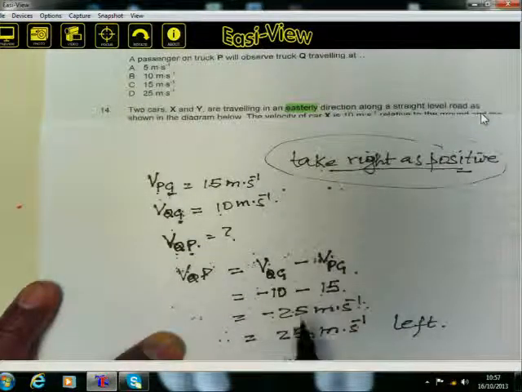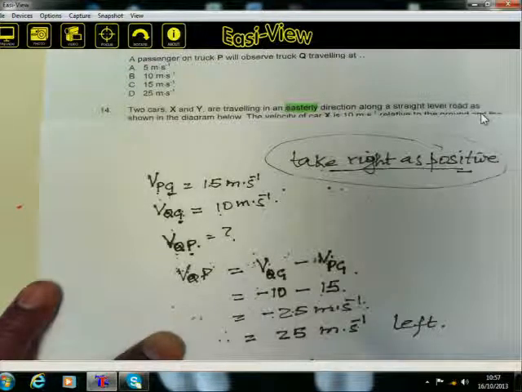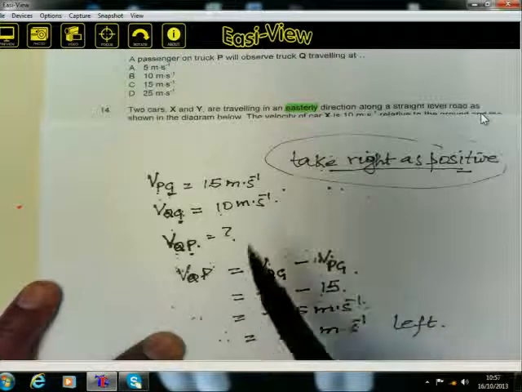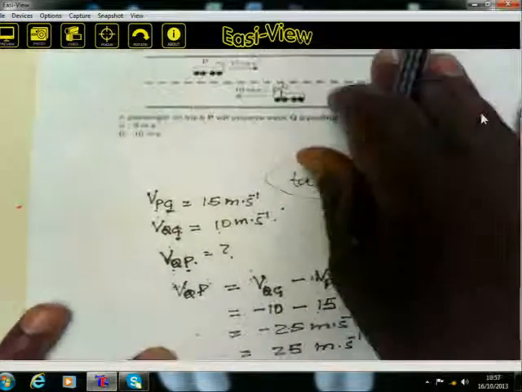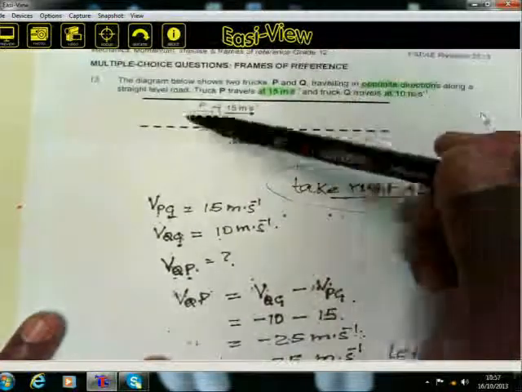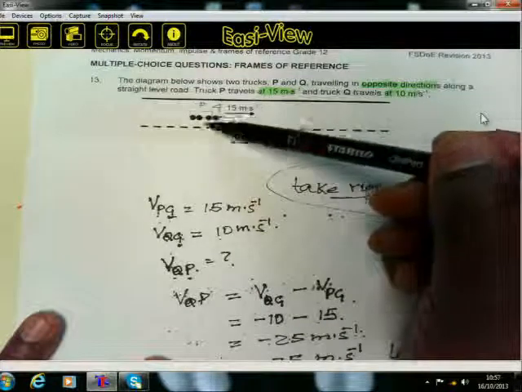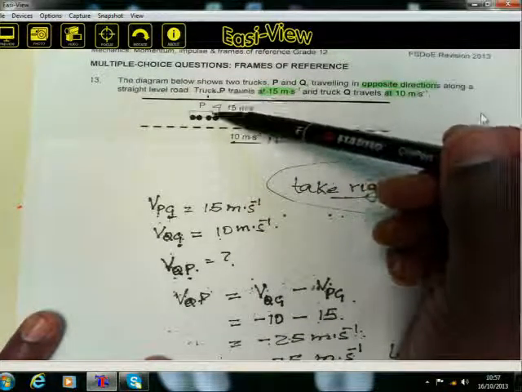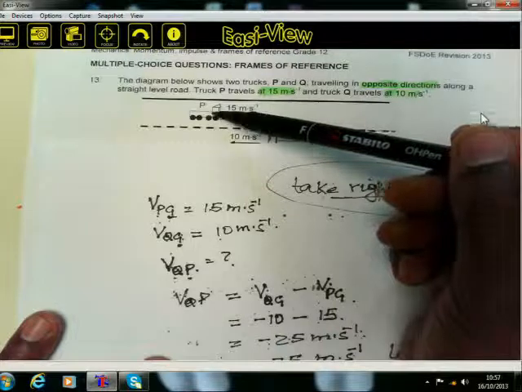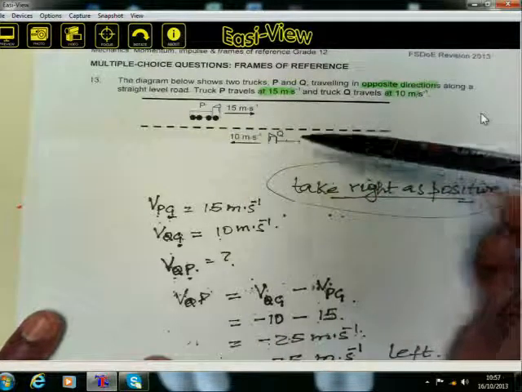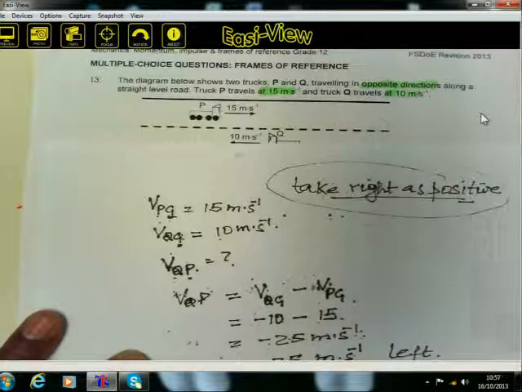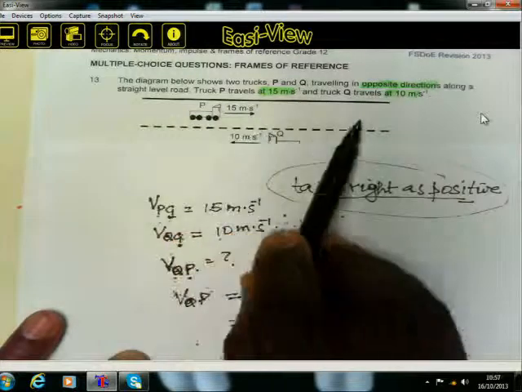Now, what sense can we make of this? When the person is sitting in this car, P or track P, he sees Q, because P is moving in the direction right.